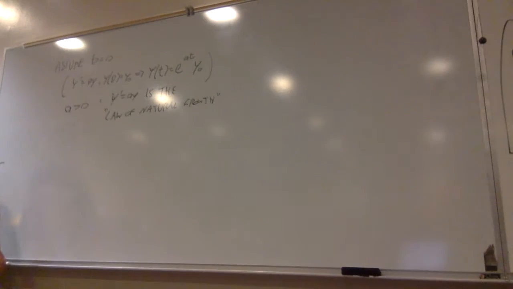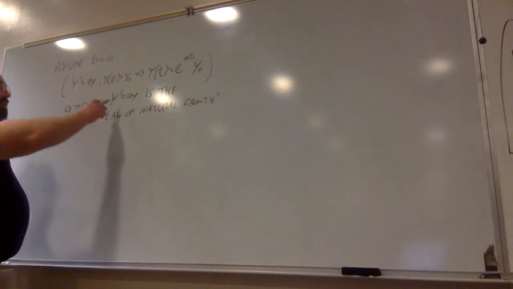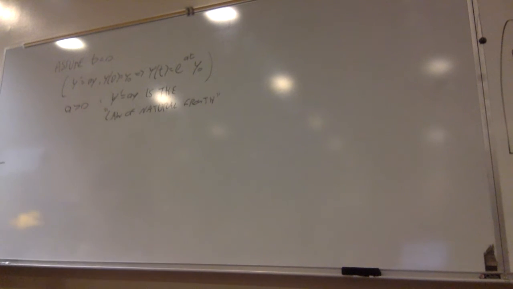For example, population growth, where A would take into account the reproduction rate, and if you can quantify the death rate also, you can take that into account. Hopefully the net result would still be a positive constant, so the population would grow over time. But the idea is the change in population is going to be proportional to the population that's already there.